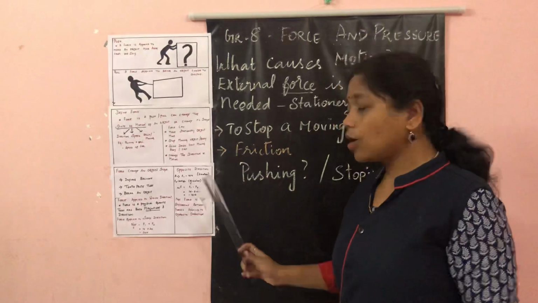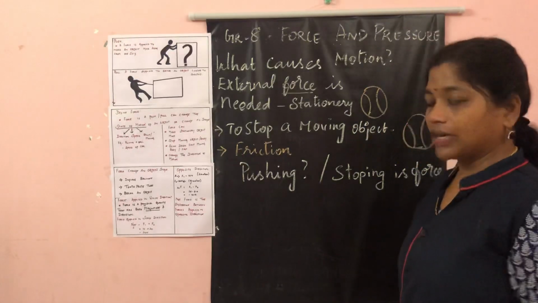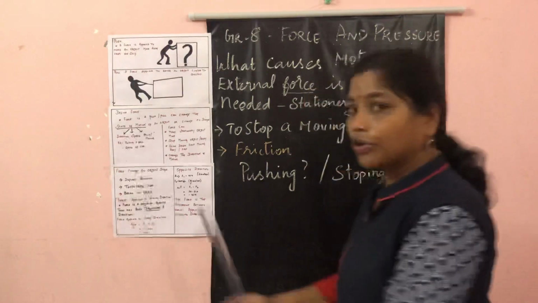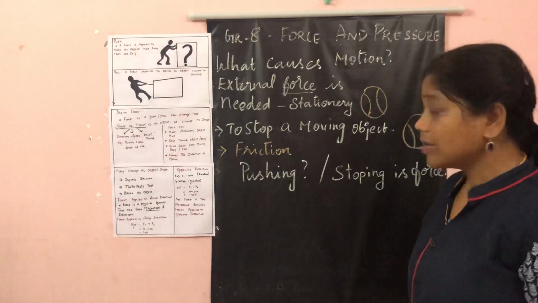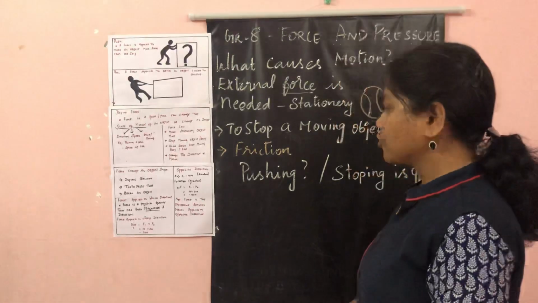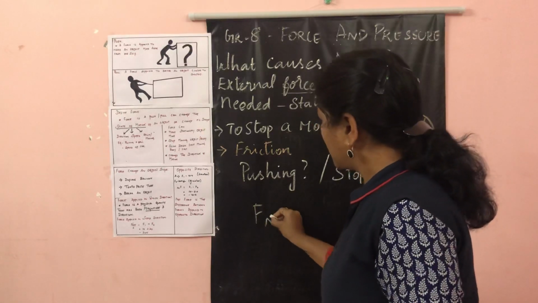Now what happens in the opposite direction? If I am standing over here and the box is kept here, I need to push the box in the opposite direction of me. He is going to push it in the opposite direction of himself. So I am going to calculate the net force. How to calculate the net force?